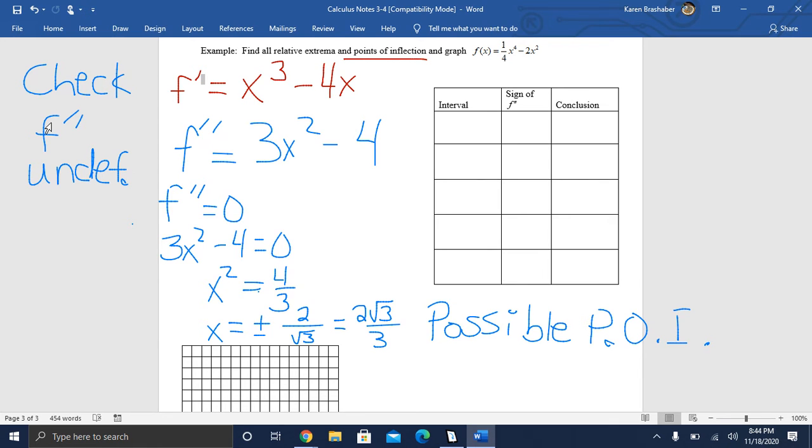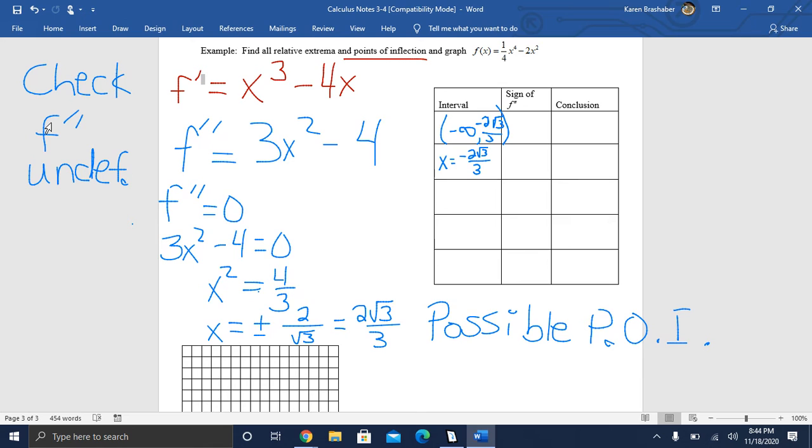And since this is a polynomial, we'll start at negative infinity, and then you'll go to your first leftmost point of inflection possibility, so negative 2 square root 3 over 3. And then you'll look at what's going on at that possible point of inflection. So x equals negative 2 square root 3 over 3.